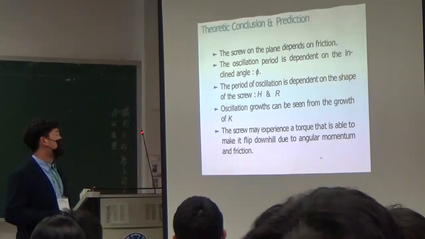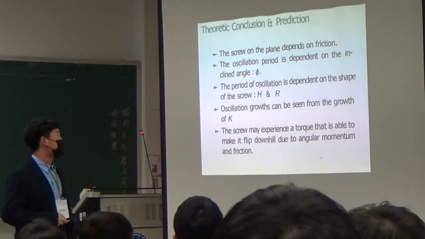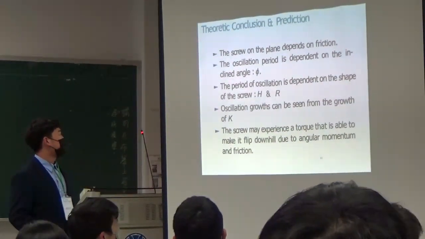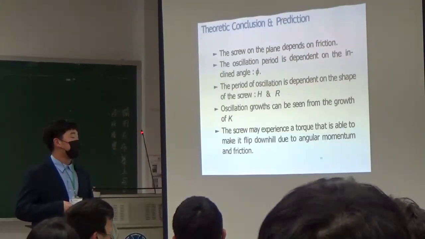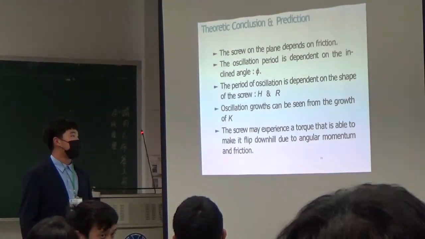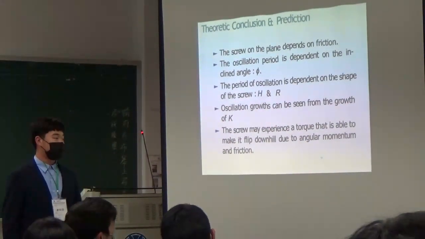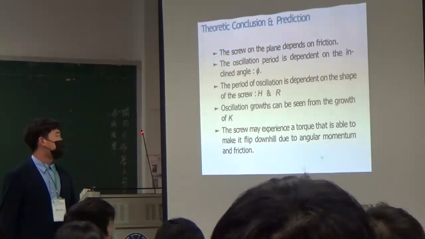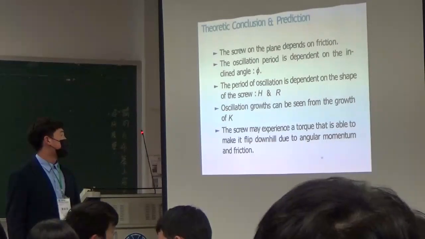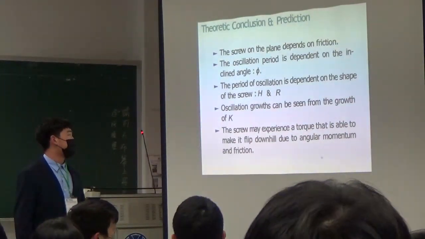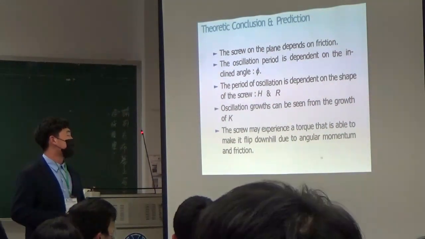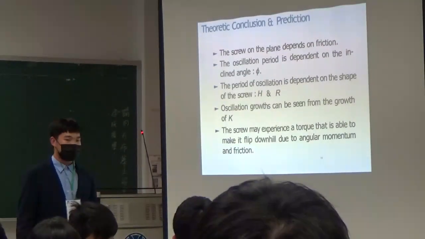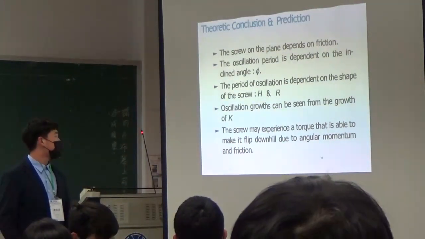It is the conclusion and prediction. The screw's motion on the plane depends on the friction of the plane, and the oscillation period depends on phi, which is the inclined angle.